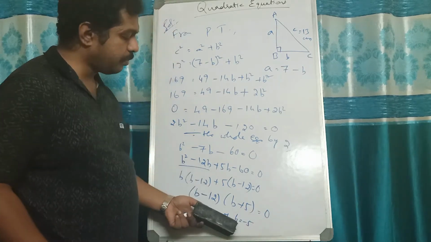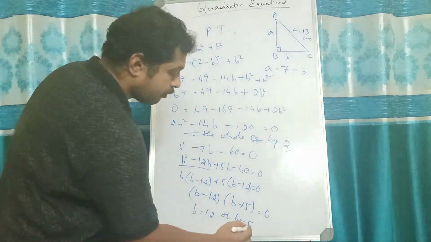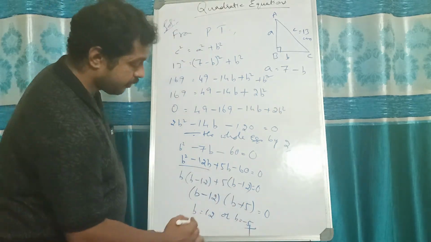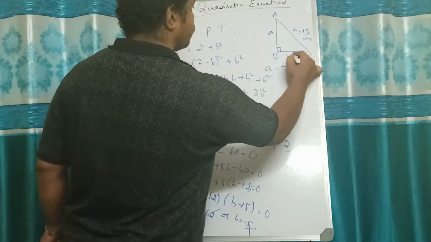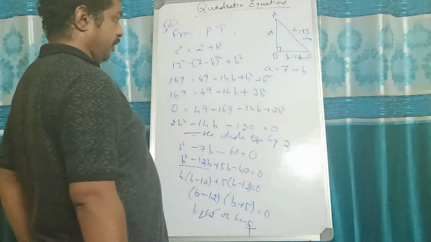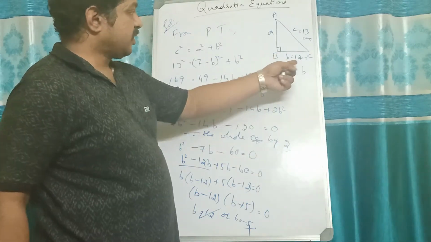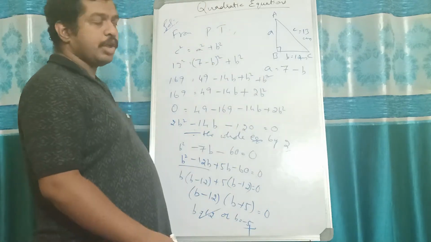As we know that the base of any triangle cannot be a negative value, we omit this value and only consider this one. So the base is 12 centimeter. We have found the value of the base, and now let me find the value of A, the altitude of the triangle.